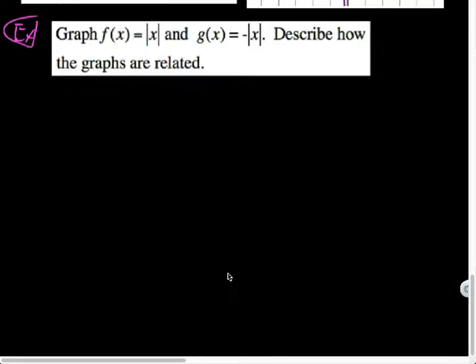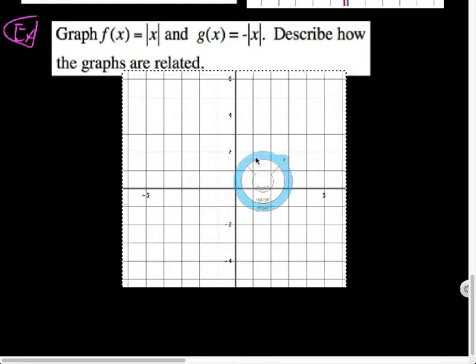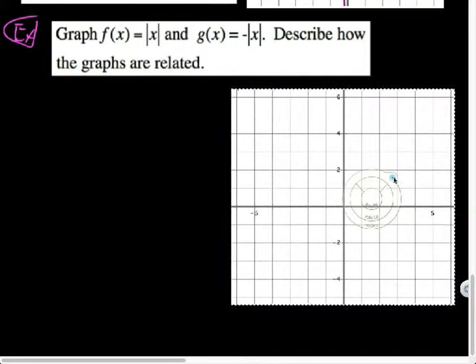Graph f of x equals the absolute value of x, and g of x equals the opposite of the absolute value of x. I'm going to graph these on the same plane. Why not? There we go.